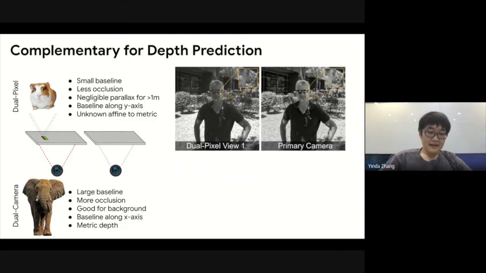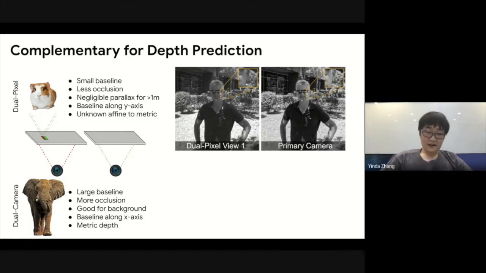On the other hand, we have the dual camera input, which has a larger baseline and definitely has more severe occlusion issue. But on the good side, it can still measure depth in the background. Also, there's a mapping that can bring us from the parallax between the dual camera images to the metric depth.